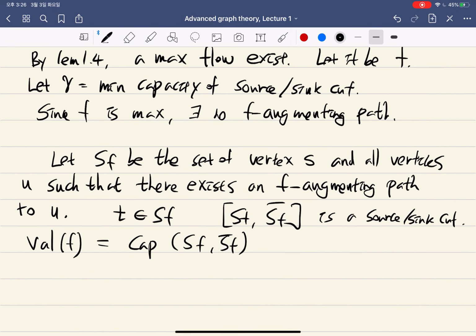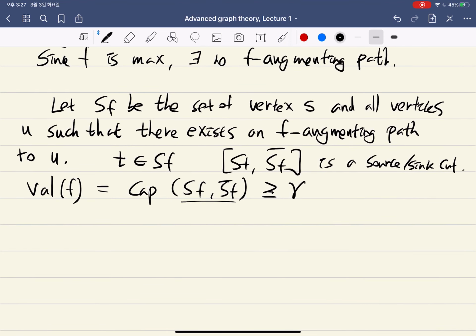So we use this to show this equality. By the definition, gamma is the minimum among all capacities of source-sink cuts, and this is a source-sink cut, so this is at least gamma. But we already know that the value of f is at most gamma, because of Lemma 1.5. So the theorem is proved.